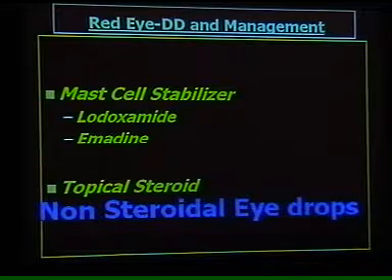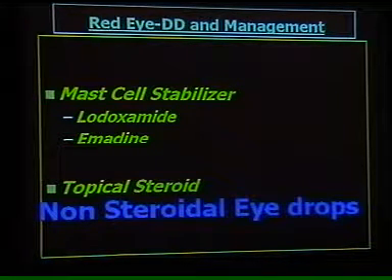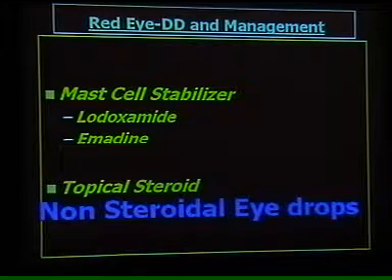But to our good luck, the non-steroidal anti-inflammatory drops are now available. So if for one reason or the other you want to use something which the steroid does, you can safely use non-steroidal anti-inflammatory. Ocufen, Naclof, Feni, and there are a number of drops, 10 or 15 drops available in the market.